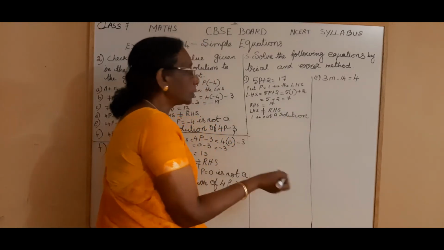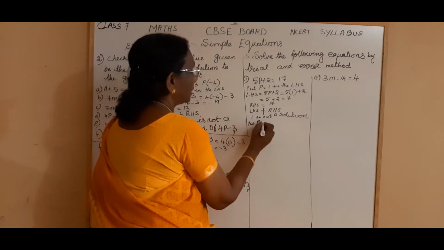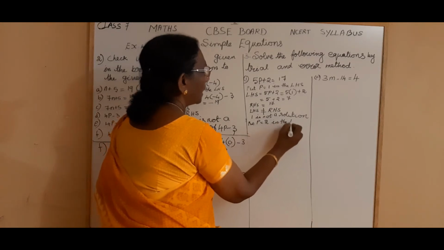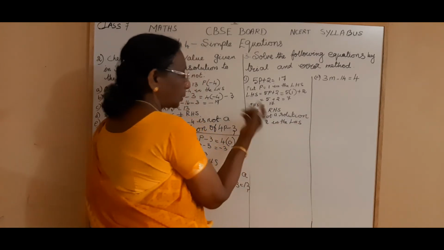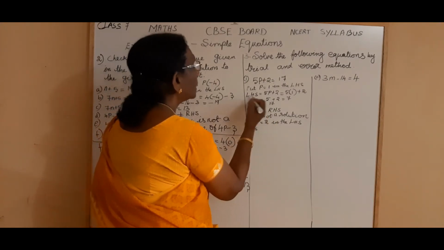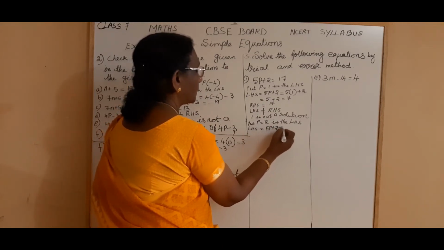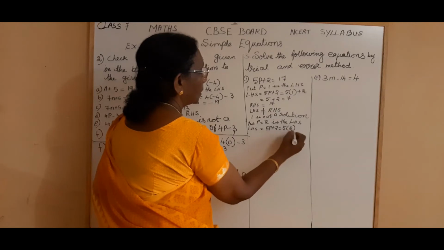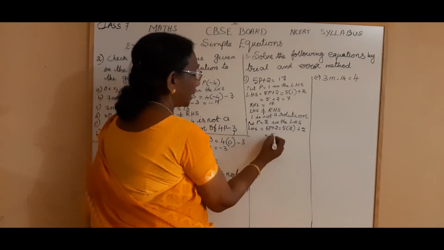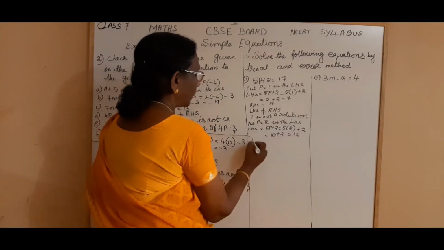Okay. Now we'll try with p is equal to 2 in the LHS. When you put p is equal to 2, what are you getting? 5p plus 2, that is 5 into 2 plus 2. 5 twos are 10, plus 2, you are getting 12. But what is RHS?